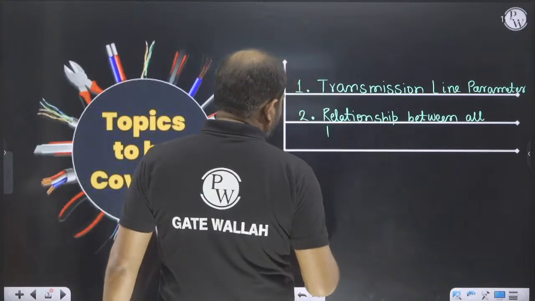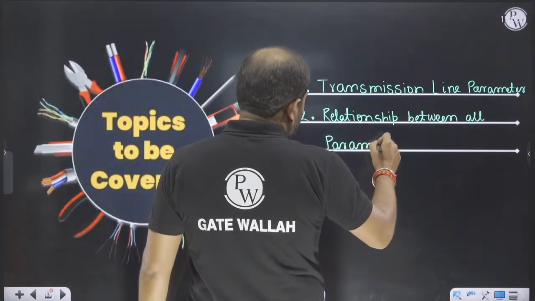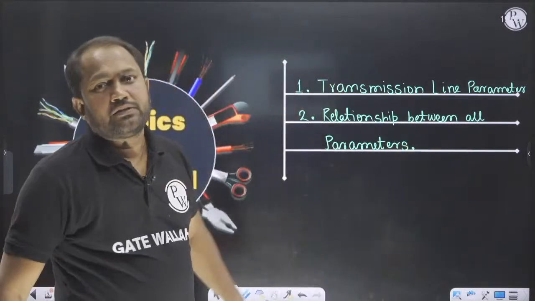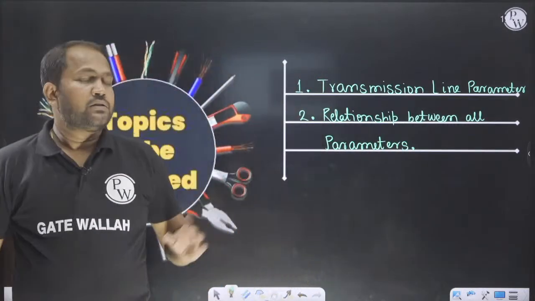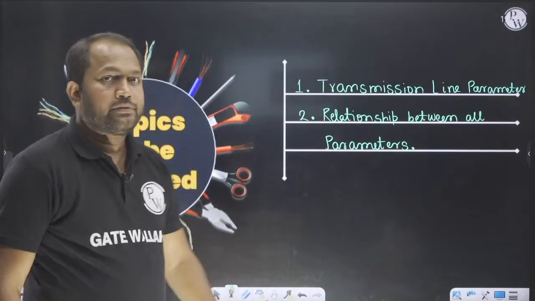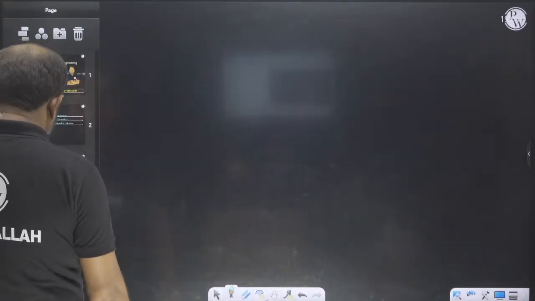These are the major topics which we are going to study today. Then after 60% of our two-port network is over. So these are the major topics which we are going to discuss today.